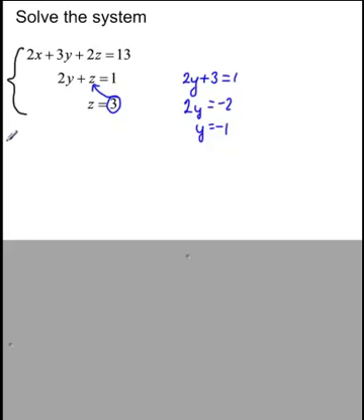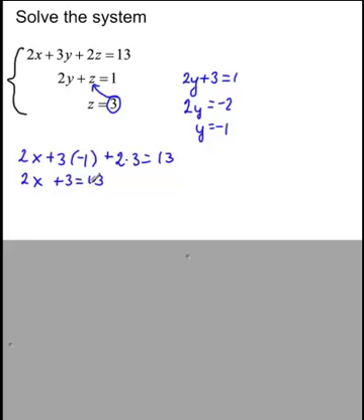Let's do it. 2x plus 3 times y, which is negative 1, plus 2 times z, which is 3, equals 13. When you solve it, you are going to have 2x, let's combine like terms, negative 3 plus 6, which is plus 3, equals 13.